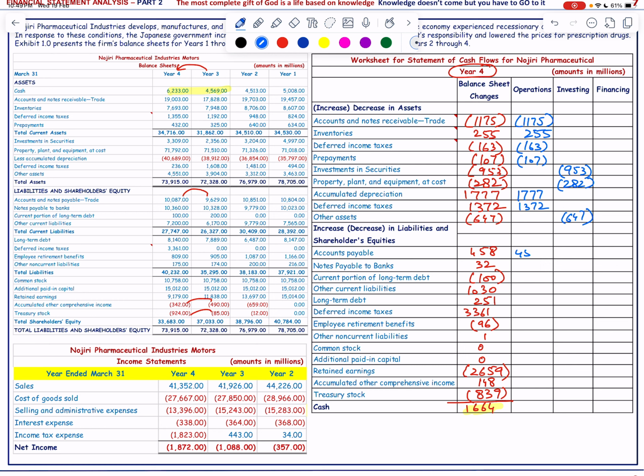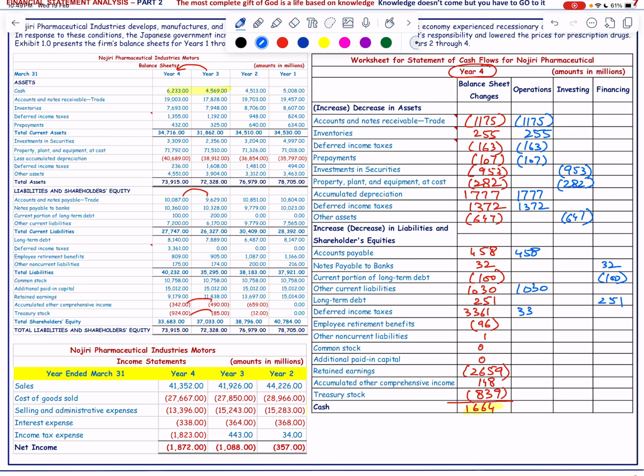Then we have the notes payable to banks, and that is financing activity 32. Current portion of long-term debt is again a financing activity 100. Then we have other current liabilities 1030, operating activity. Long-term debt is again financing 251. Then we have deferred income tax, and deferred is for the operation, that is 3361.